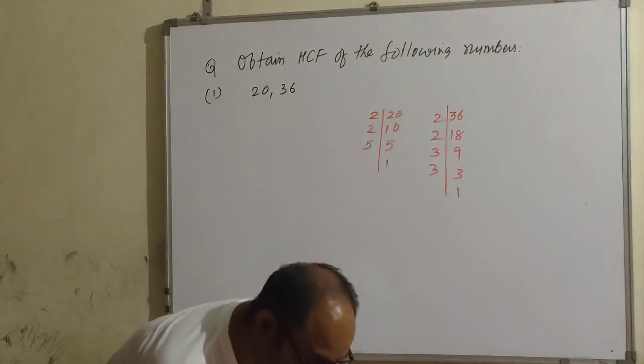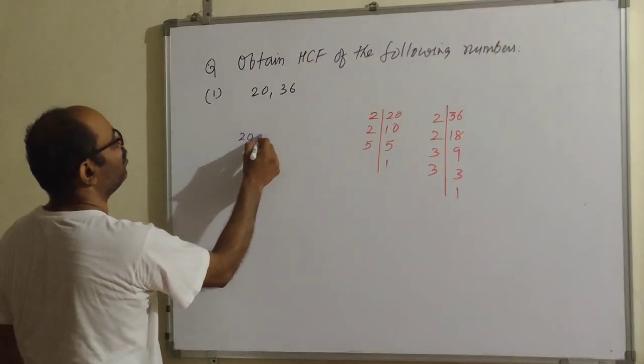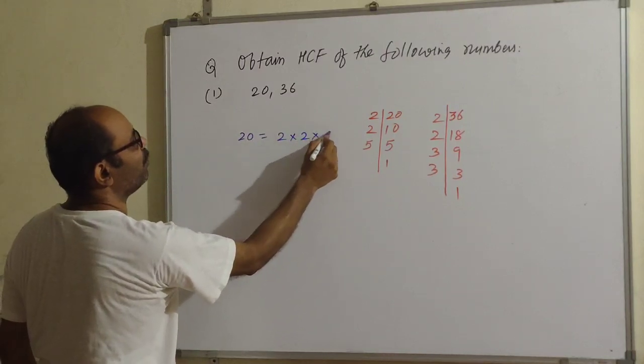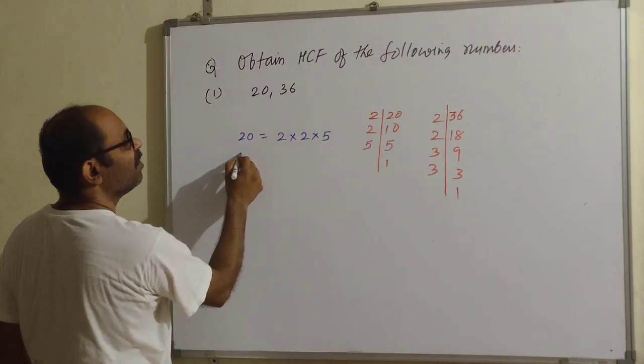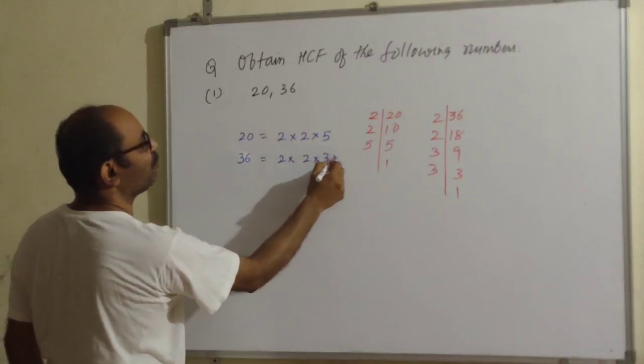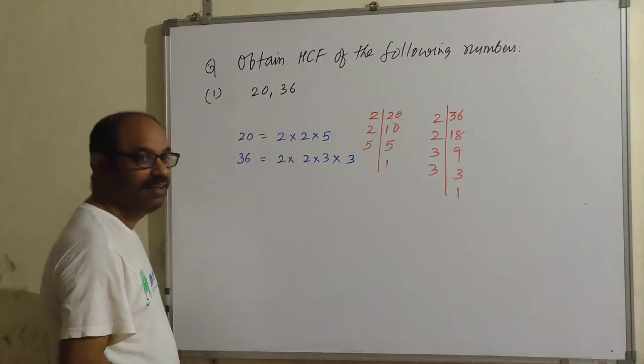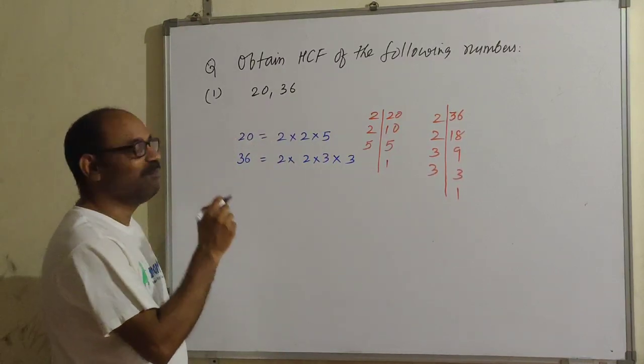Now I am going to write down the prime factors of 20: 2 into 2 into 5. Then of 36: 2 into 2 into 3 into 3. See children, what I am doing?